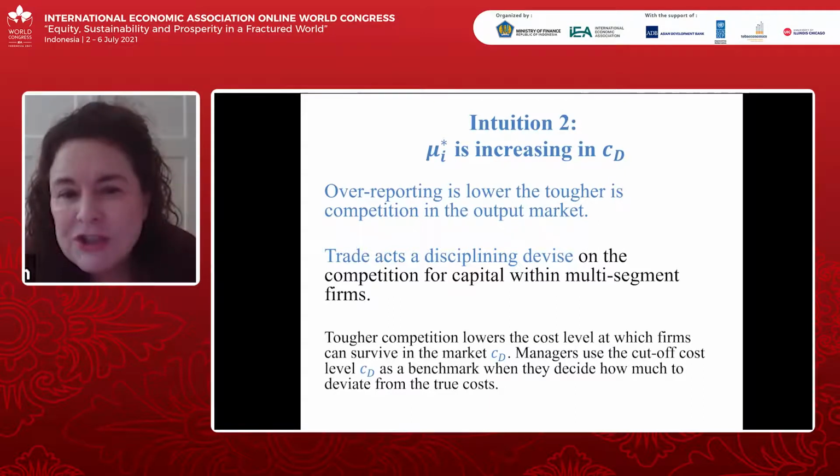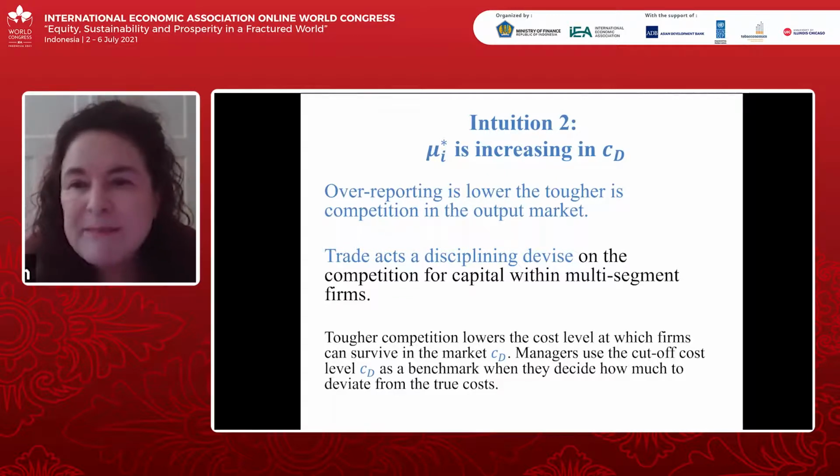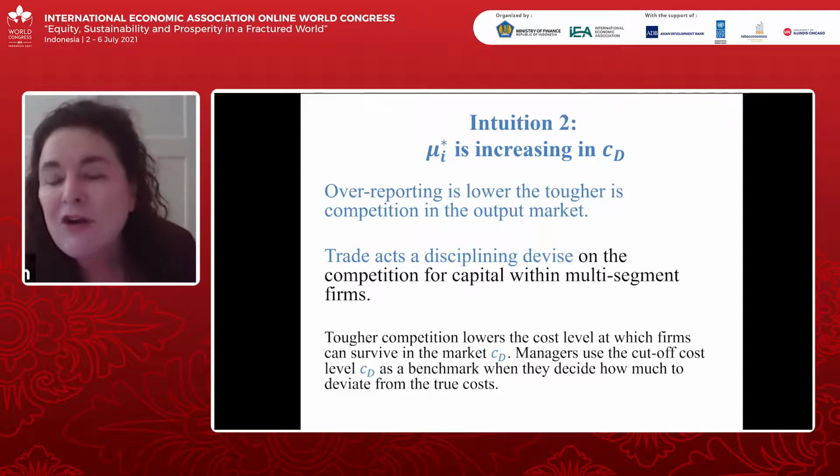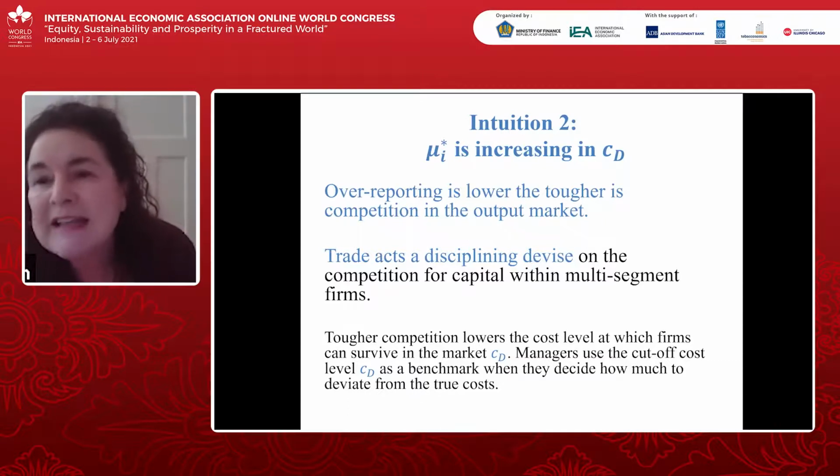Tougher competition lowers the cost level at which firms can survive in the market. And managers use that cut-off cost level as a benchmark when they decide by how much they are going to deviate from the true cost. So when CD is lower and competition is tougher, they are going to over-report less and less, because otherwise they are not going to get financing.